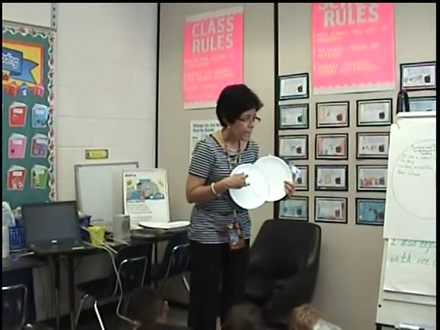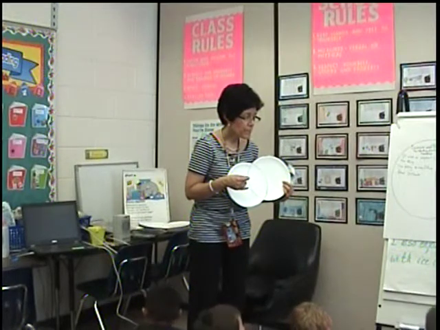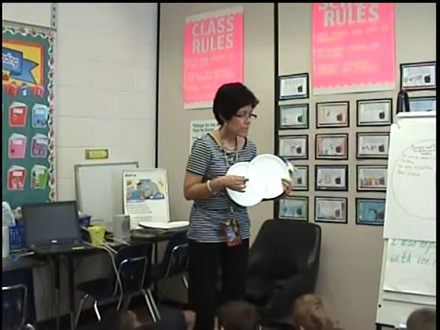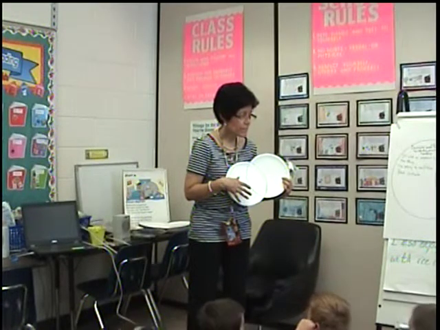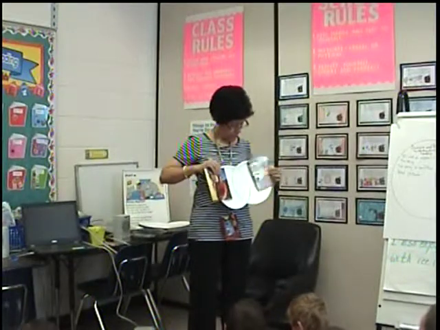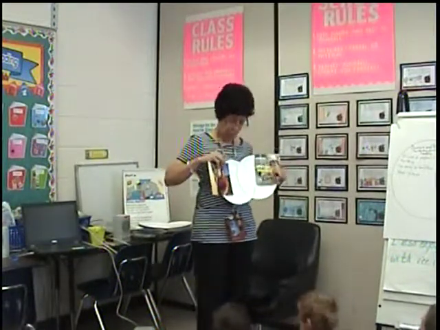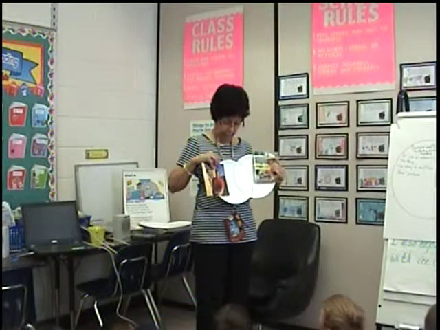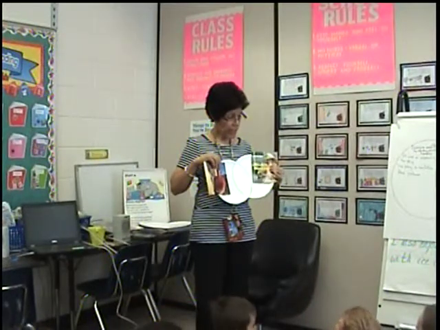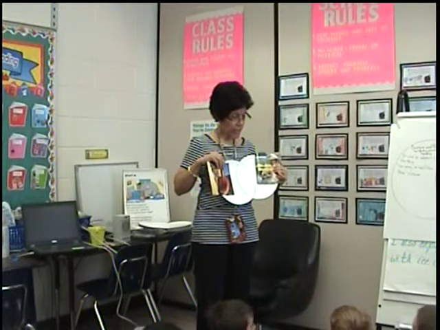We're going to write about the story, the title of the story. You're going to write the title of the story, and on the side, what else goes on the side?